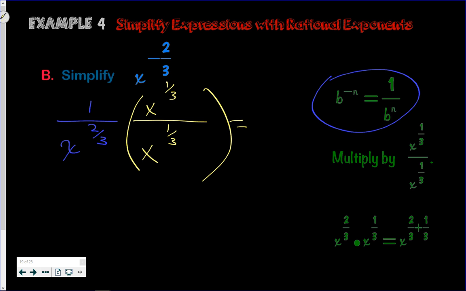Straight across, right? Okay, 2 plus 1 gives me 3 over 3. 3 over 3 equals 1. Good. Do I need to put the 1? No. All right? That's my answer right there.